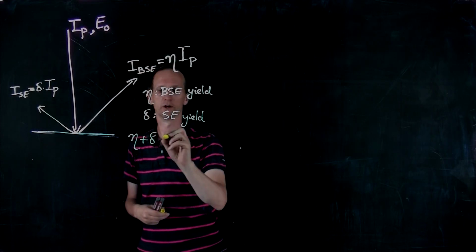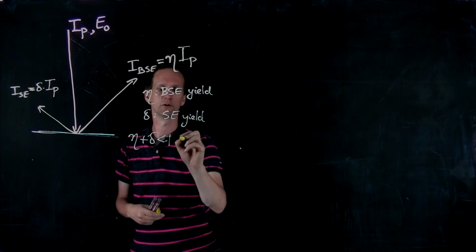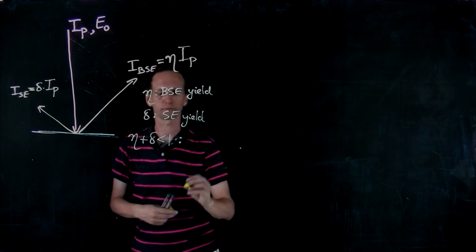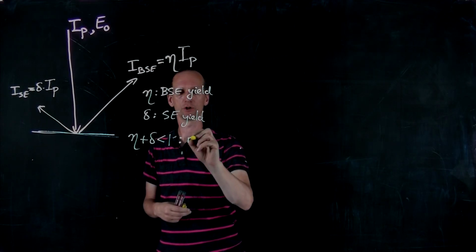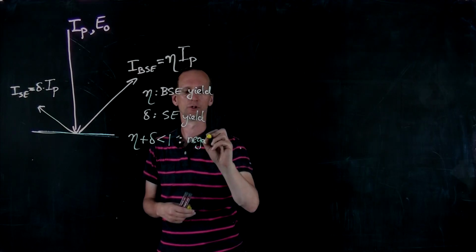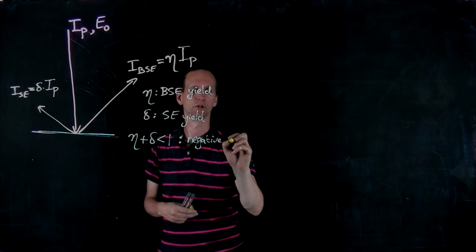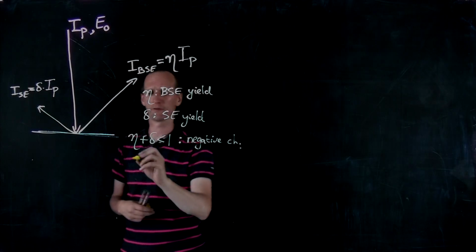Of course, if eta plus delta is smaller than 1, the sample may charge negatively. So it will undergo negative charging.